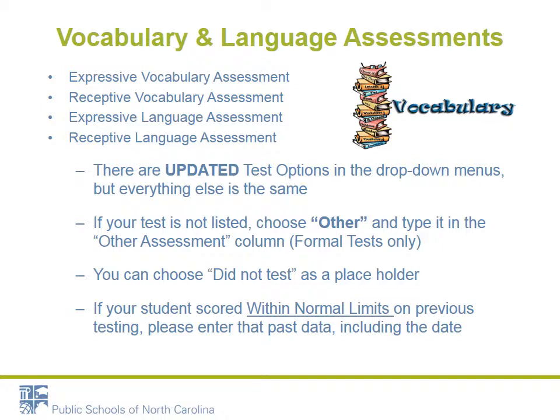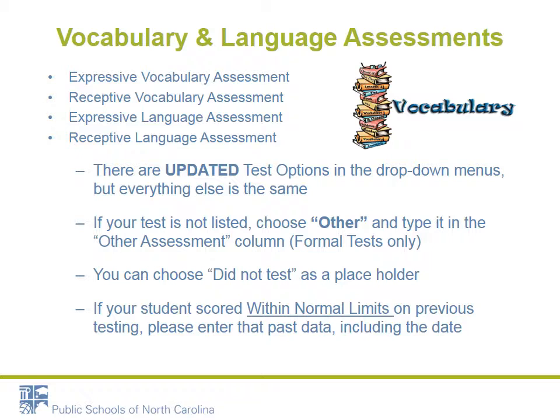As an example, we had several people type in the Bloom and Leahy chart. That chart is not a formal assessment tool. Rather, it is an informal tool that guides language development. If your formal test is not listed, please choose Other and type it in the other column that corresponds to that assessment. You can choose Did Not Test as a placeholder.